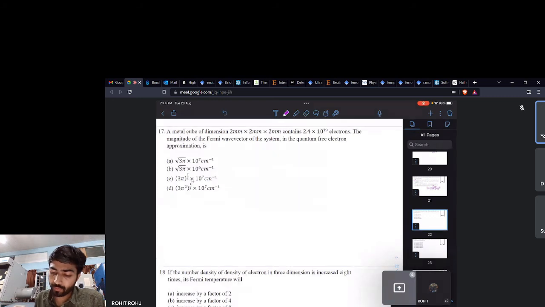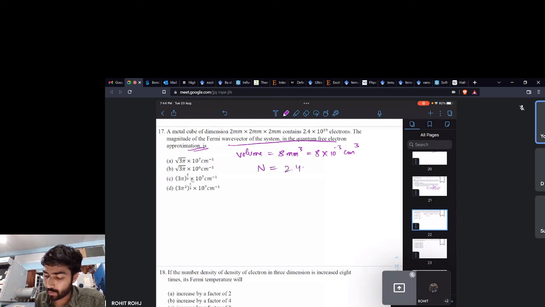The magnitude of the Fermi vector of the system in the quantum free electron approximation is, now, the volume given to us is 8 mm cube, which is 8 into 10 to the minus 3 centimeter cube, and n we have is 2.4 into 10 to the power 19 electrons.